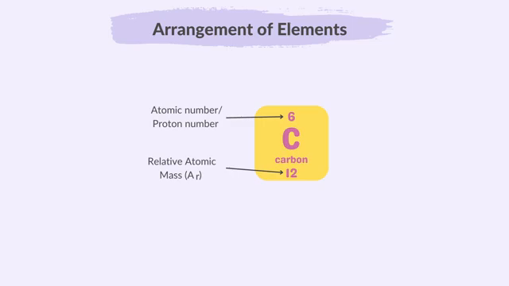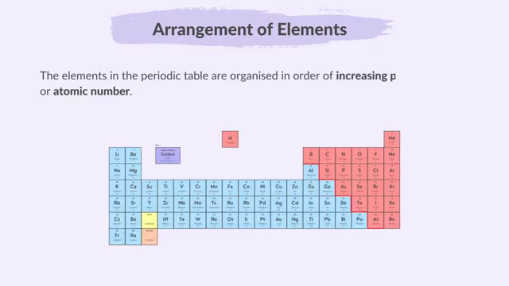Just a quick recap. The elements in the periodic table are displayed with their atomic number, which is the number of protons they have, and their relative atomic mass. So, the elements in the periodic table are organized in order of increasing proton number, which is also known as the atomic number.